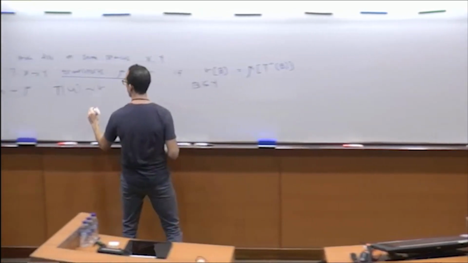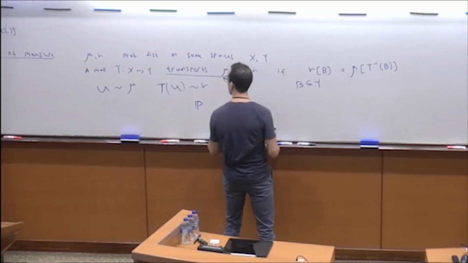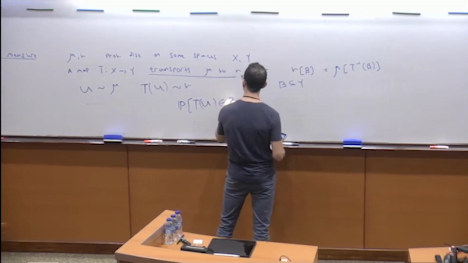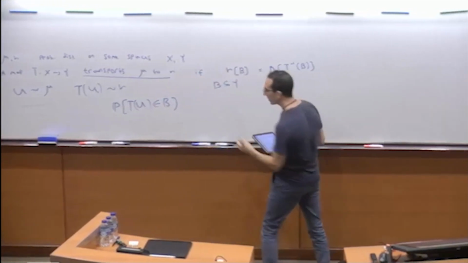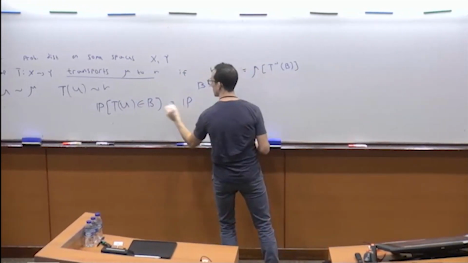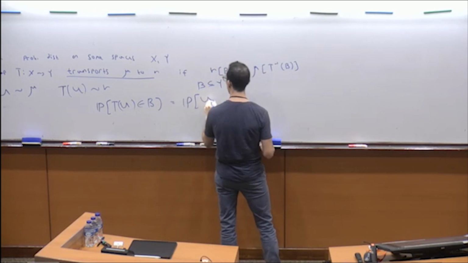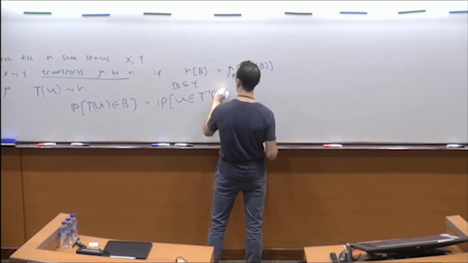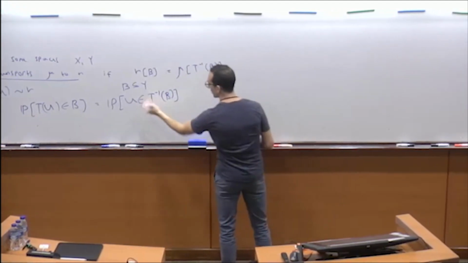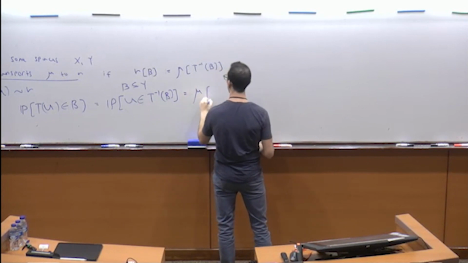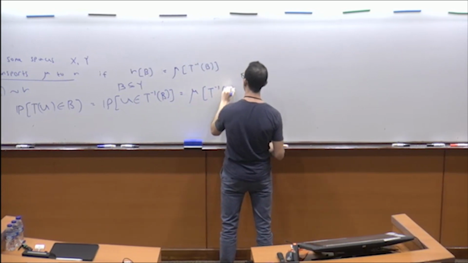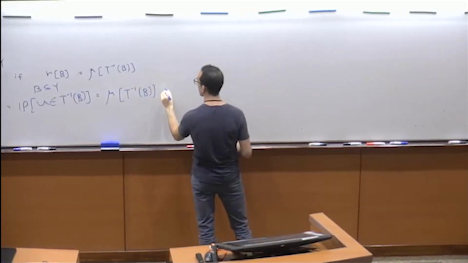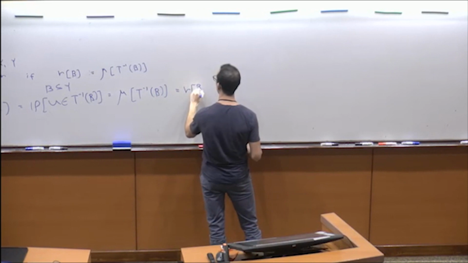To see that, let's look at the probability that T of U is contained in some set B. We take the inverse image. But by definition, this is just mu of T inverse of B, because U is sampled according to mu. But that's, as we said, just the definition of nu of B.